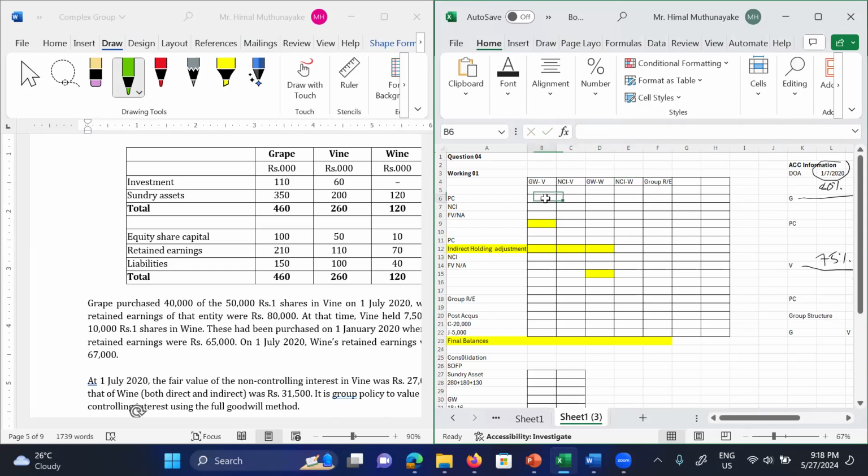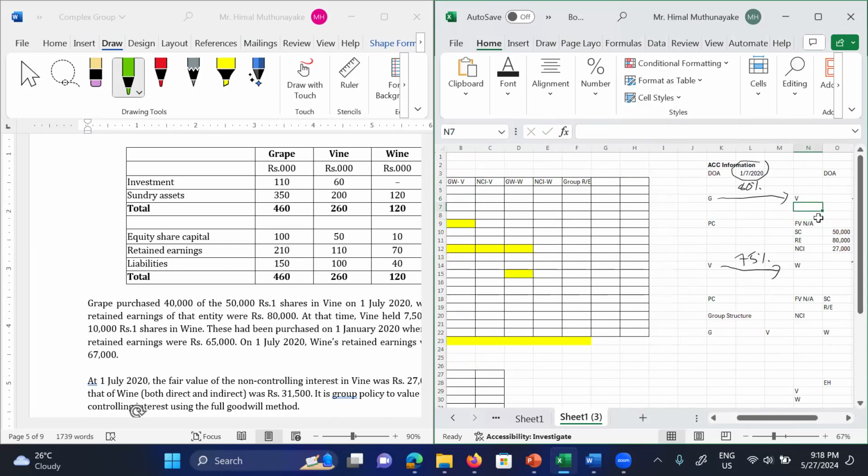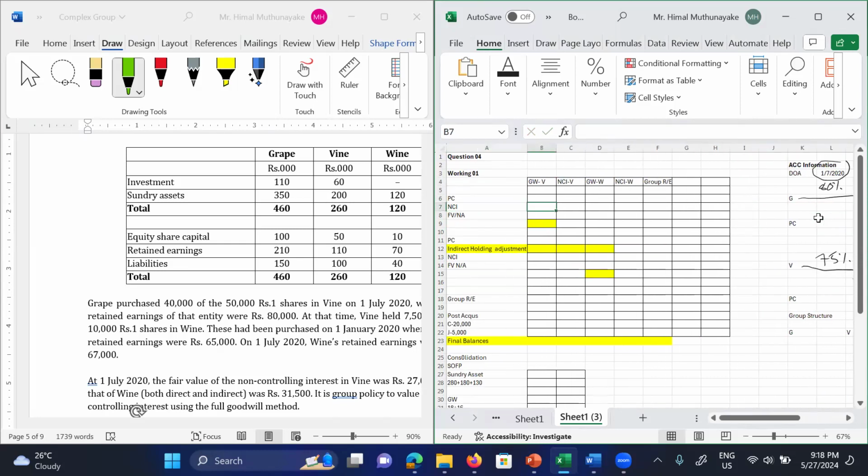For V, the direct control, we can directly get the goodwill. The purchase consideration is how much? That's also there, 110 and 60, right?